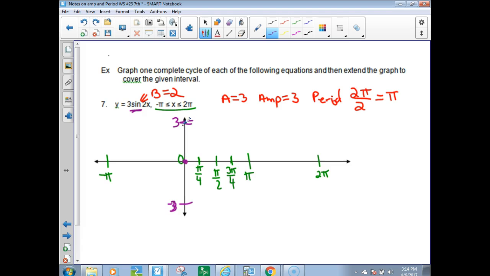Again, if you want to put in dashed lines to guide you, I've had some students like to grab a ruler and do that. All right, let's graph. Pi over 4, we're up to 3, back to 0, down to negative 3, back to 0.